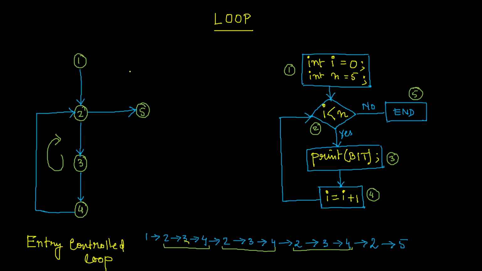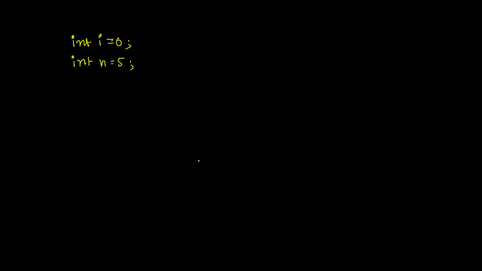Now the difference that I will make: before I check it, I will first print this. Print bit. And then I will increase the counter variable, which represents how many times I have printed. And then I will put the check whether I is lesser than n or not.